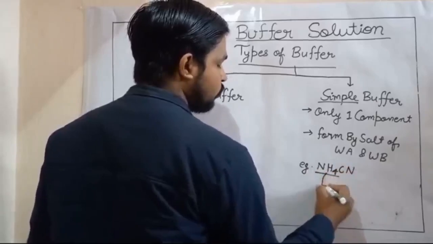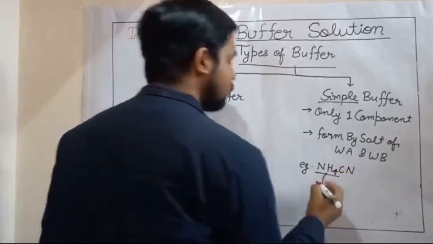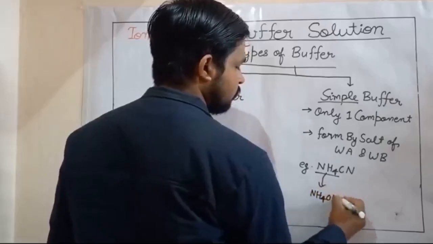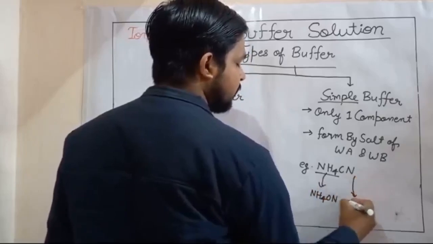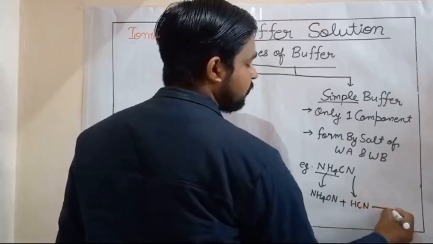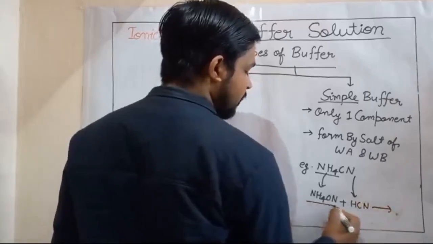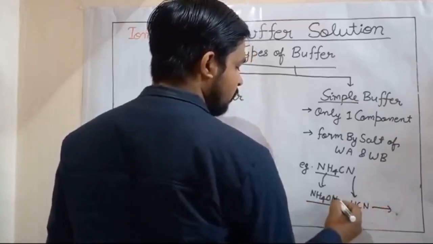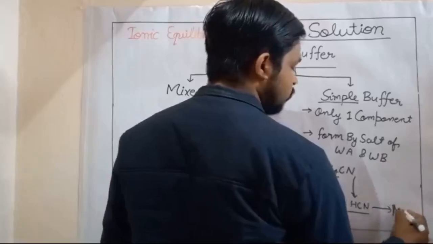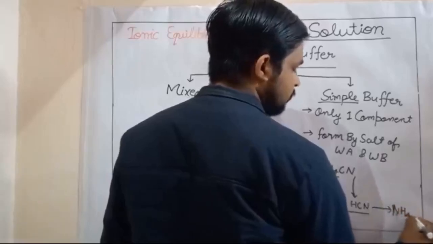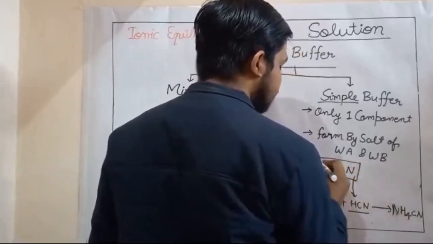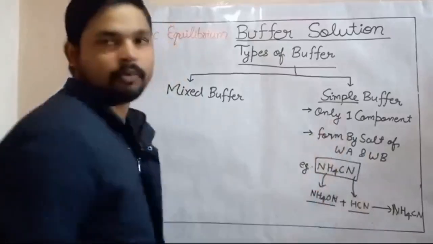The NH4 positive ion is part of the weak base, and the CN minus ion is part of the weak acid. So after the neutralization reaction of weak base and weak acid, the formation of their salt takes place. Okay students, so it acts as a simple buffer solution.